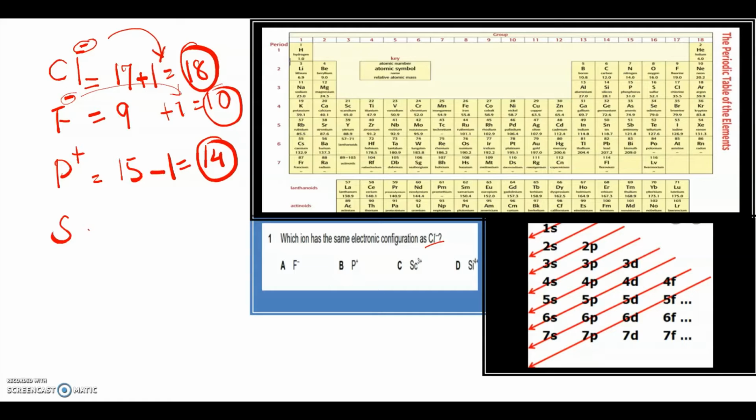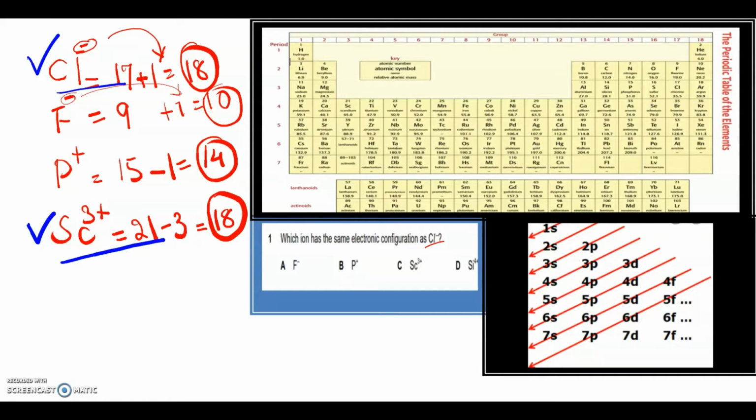And scandium 3 plus means it has 21 protons and 21 electrons, but it has lost 3 electrons, so 21 minus 3 shows that it now has 18 electrons. So you can see these two options have the same electronic configuration and this is your right answer.